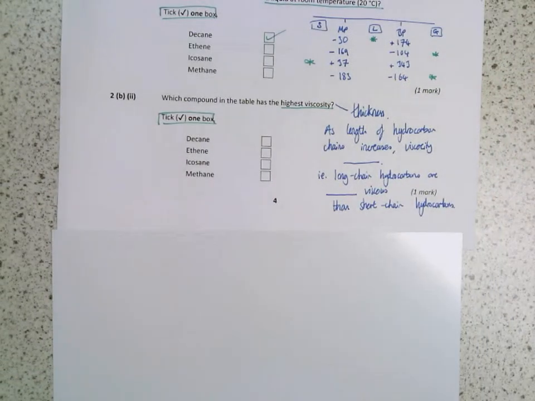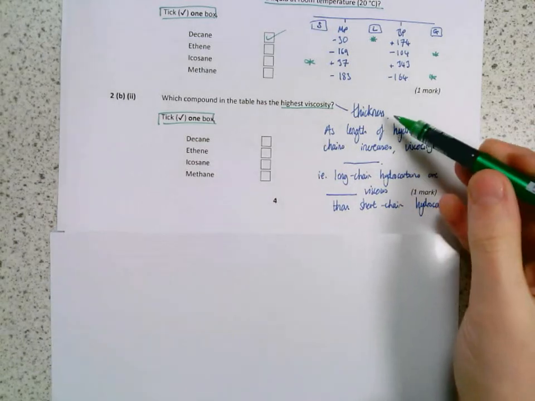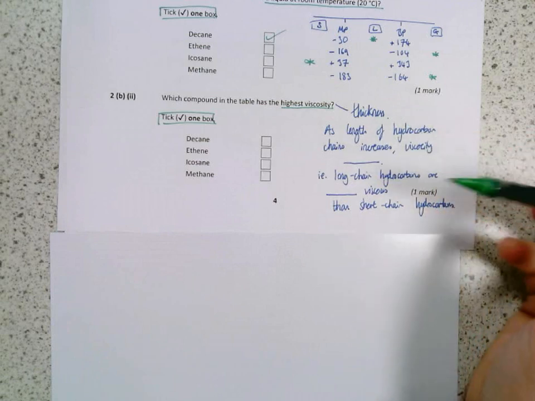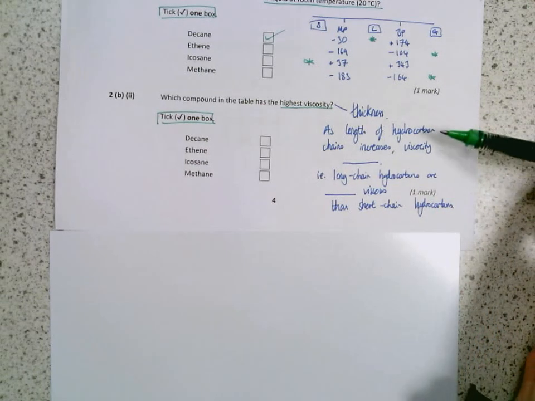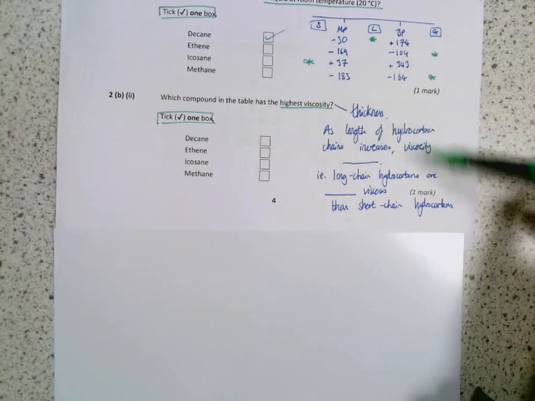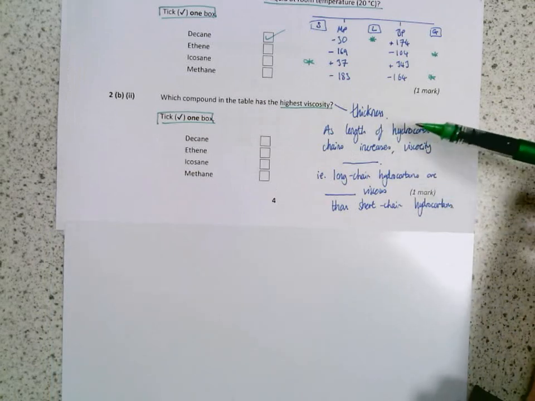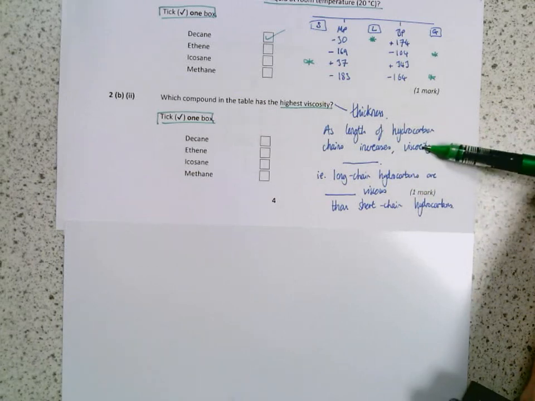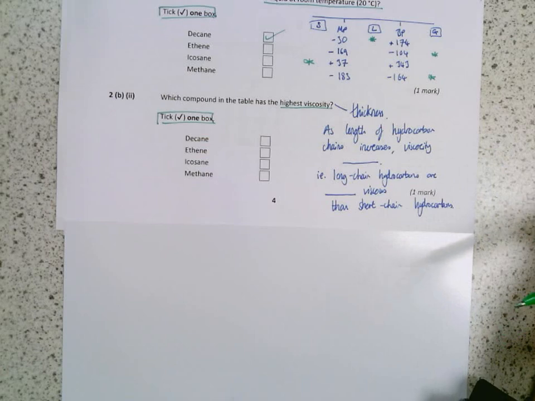Move down. Which compound in the table has the highest viscosity? Now, a little reminder, viscosity means how thick and gloopy the substance is. You need to know this relationship between length of hydrocarbon chains and viscosity. So I've got two little sentences to fill in. As the length of the hydrocarbon chains increases, so as they get longer, what happens to viscosity? Does it get thicker as the chains get longer, or does it get thinner?